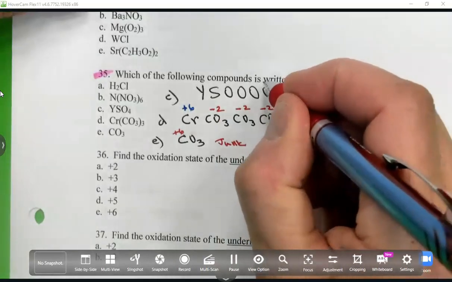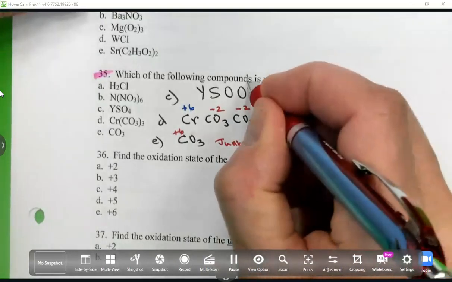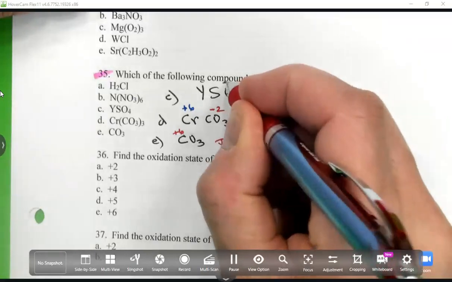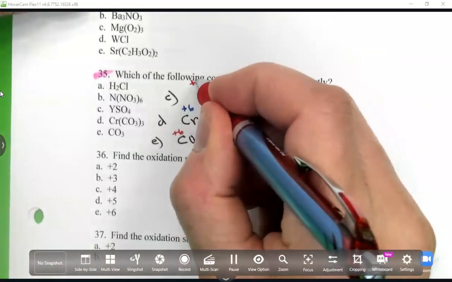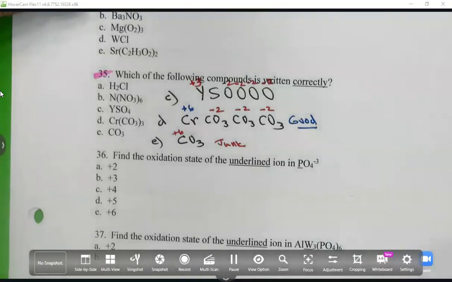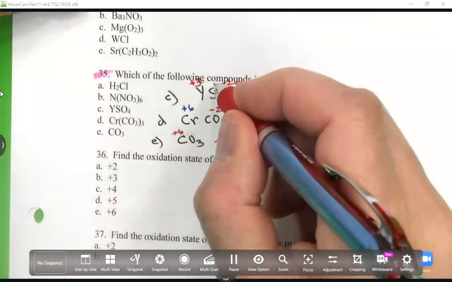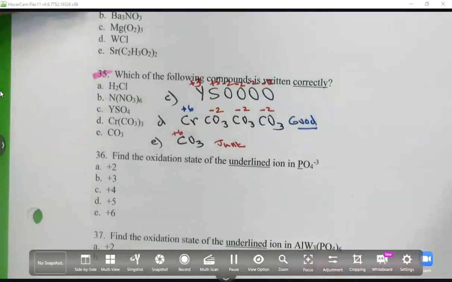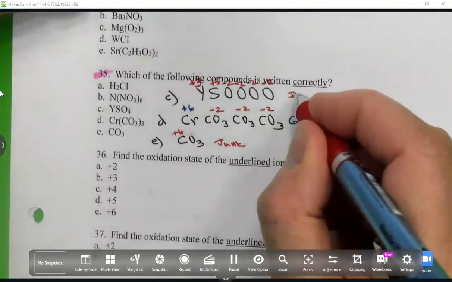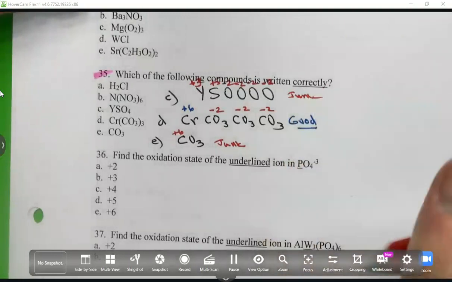I don't think this works writing it out like this. -2, -2, -2, -2. Yttrium is always +3. That'd get us a sulfur 5. And there is no sulfur 5. So that makes that junk.